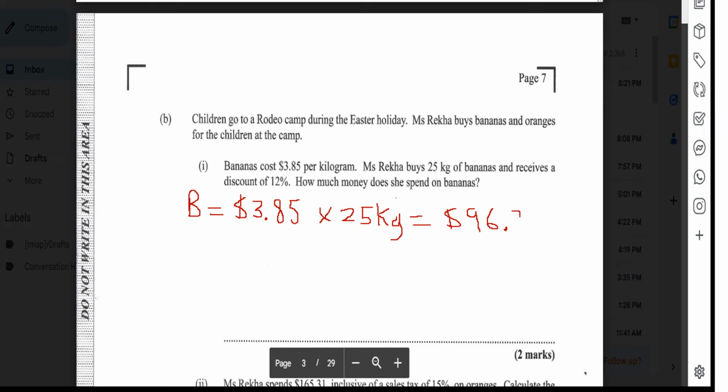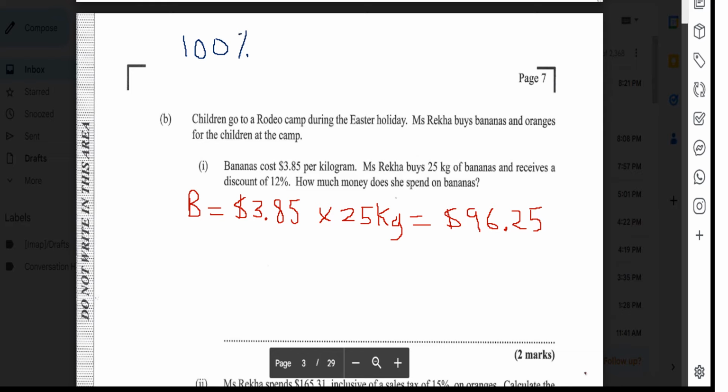But this is not the answer because we need to discount this by taking off 12%. So let us use a different color marker here to say that the full price of 100%, that's the full price.